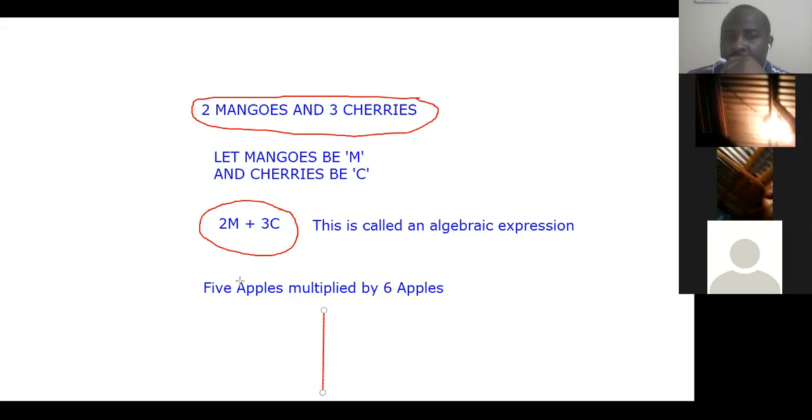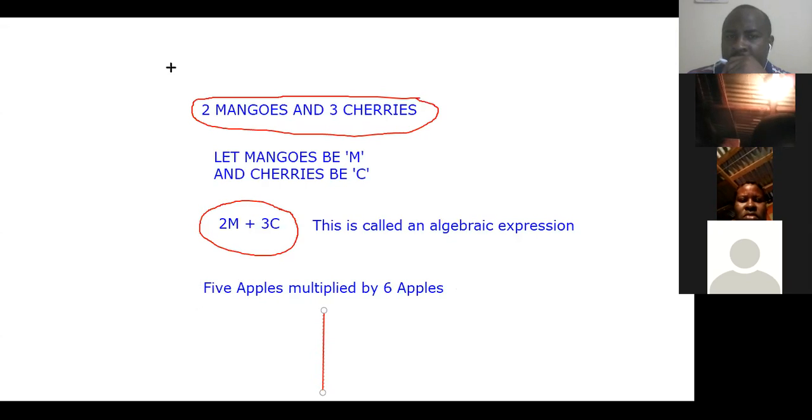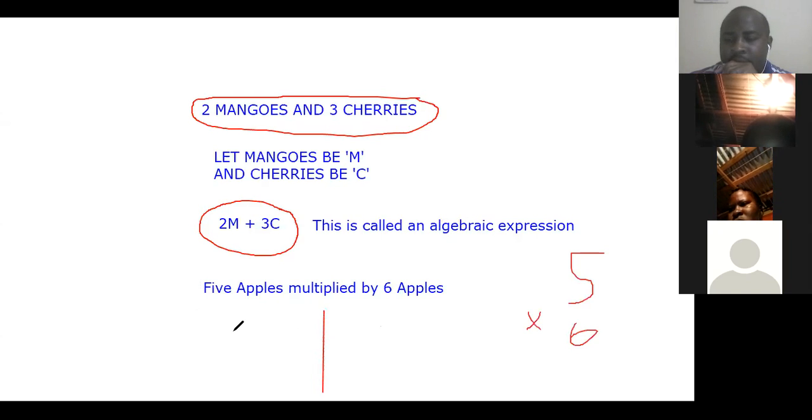Wait a minute, sir, because it cut off a while ago, so I have to wait a bit. Okay, Dujan, write on this side. I'm waiting for this to load.